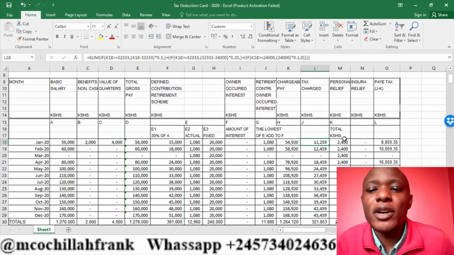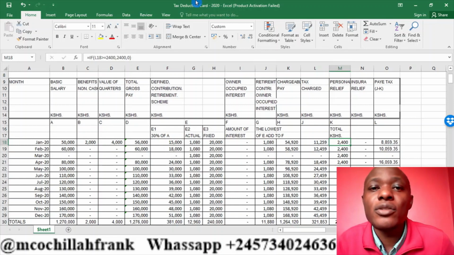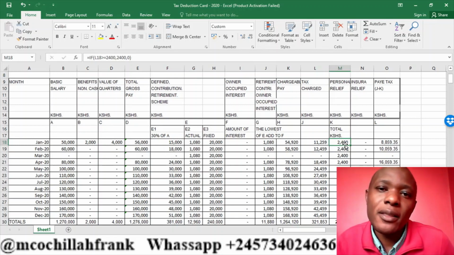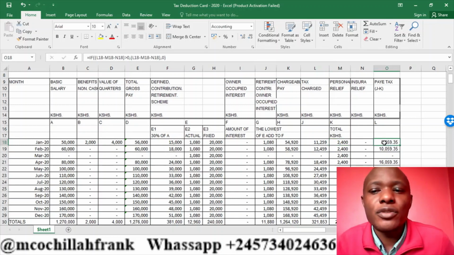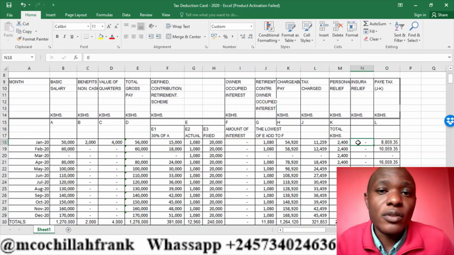It's because if you are a resident, you are entitled to a personal relief, a monthly personal relief of 2,400, which totals to an annual relief of 28,800, as you can see there. That is what you get after deducting that. Let us not forget that you're also entitled to an insurance relief.